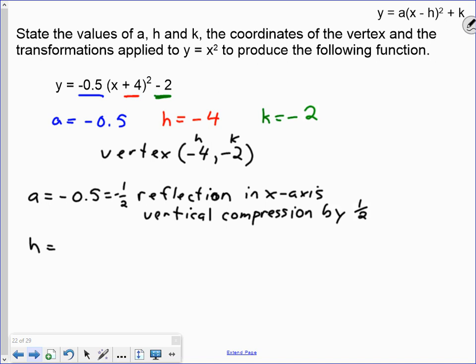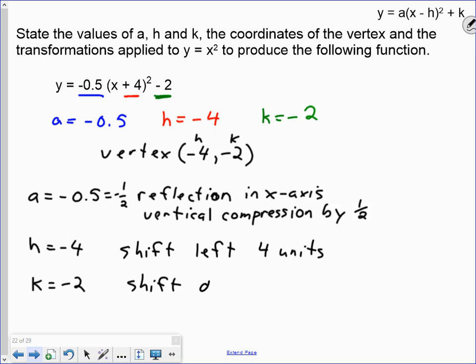Our h value of negative 4 is going to shift the parabola left, because it's less than 0, 4 units. Our k value of negative 2 is going to shift our parabola down 2 units because the k value is negative.